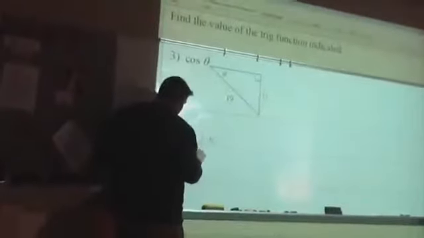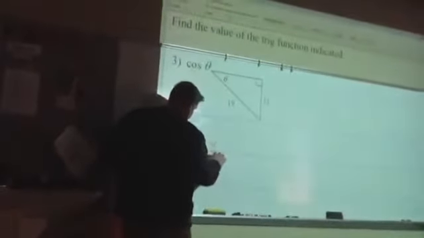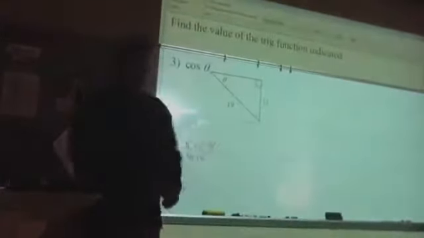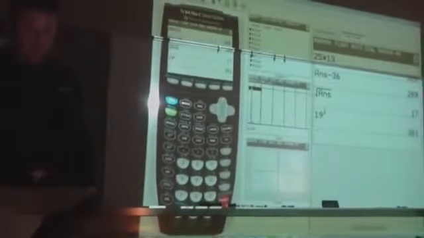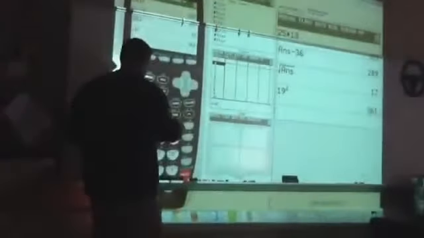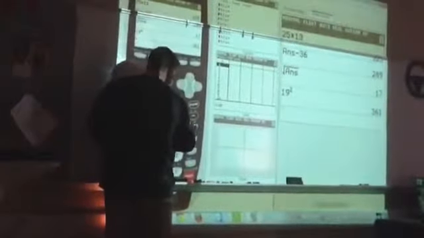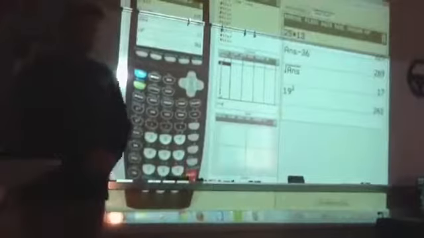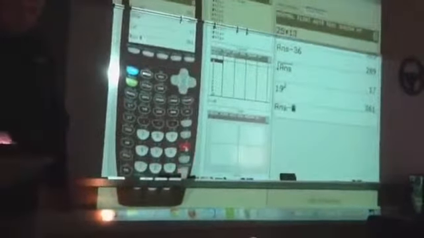That's 121. If you don't know what 19 squared is, go to your calculator. You get 361. Then you would subtract 121 from it. You get 240.